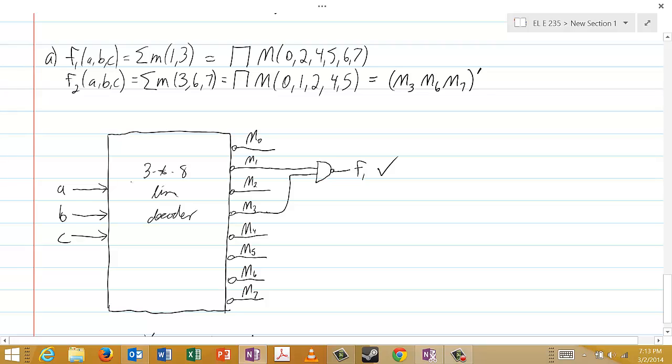So 3, 6, and 7. And that would be the way that you would complete that problem.